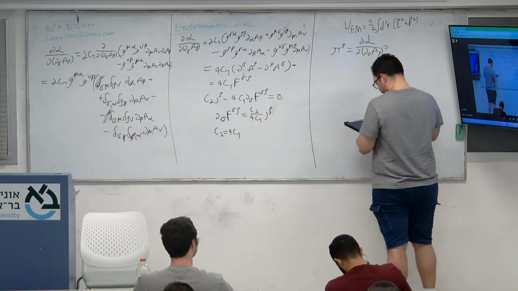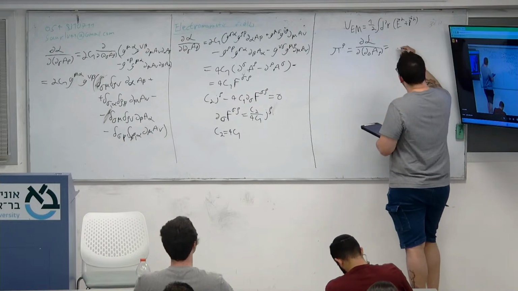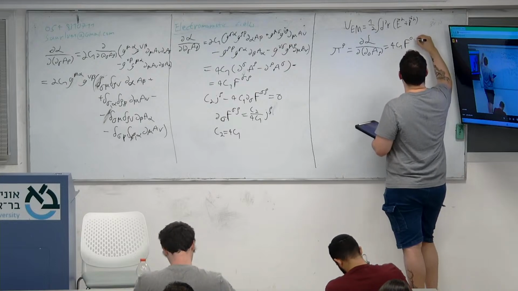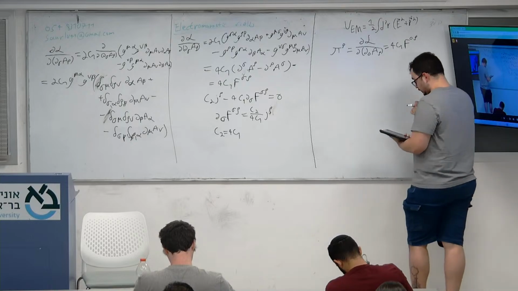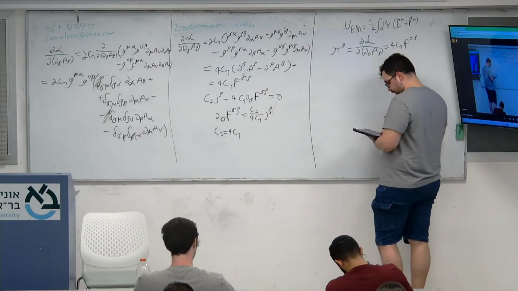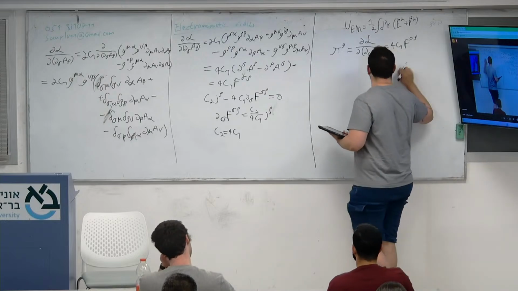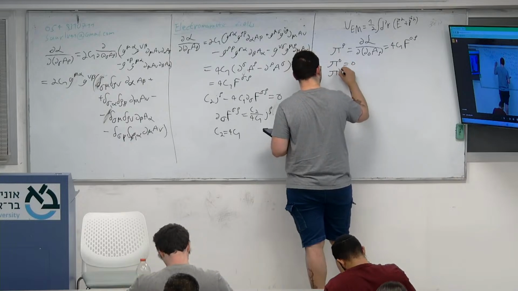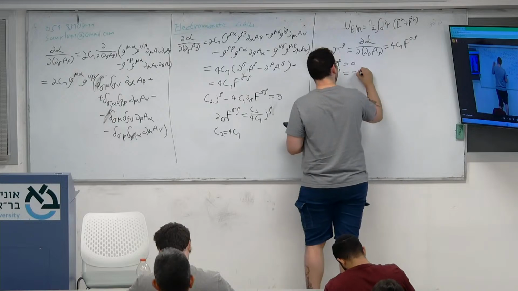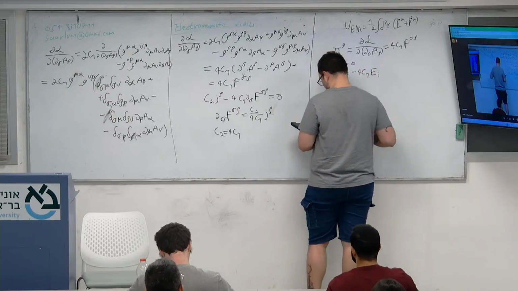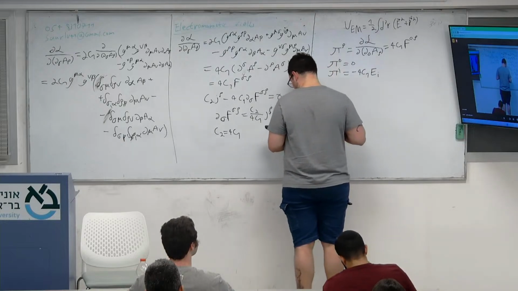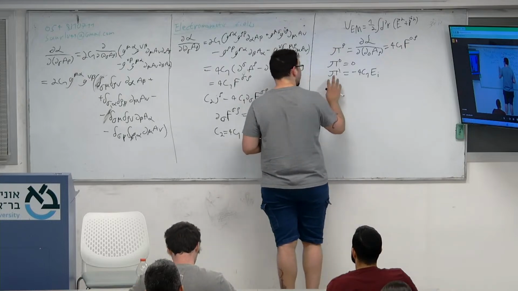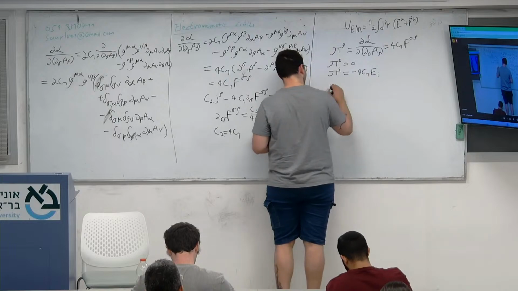Right? It will be 4 C1 F0 rho. And we know the term F0 rho should just give us pi 0 equal to 0, and pi i equal to minus 4 C1 E i. Now that we have the canonical momentum, we can find the Hamiltonian itself, the Hamiltonian density.